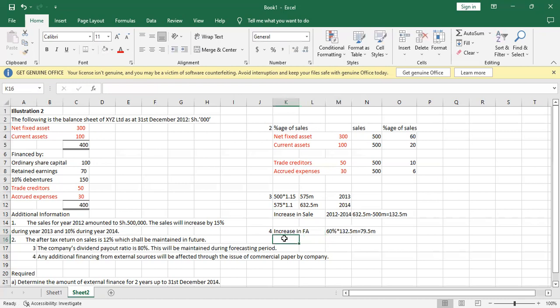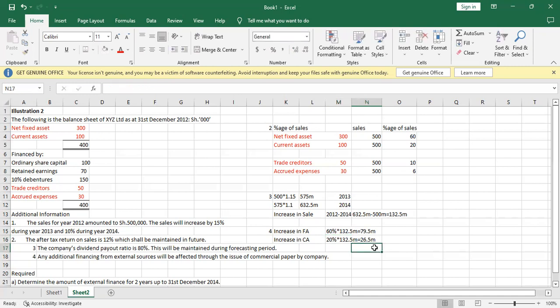Then I'll be looking at the increase in current assets. Current assets were increasing by 20%. So 20% of 132.5 million, I'm getting 26.5 million.